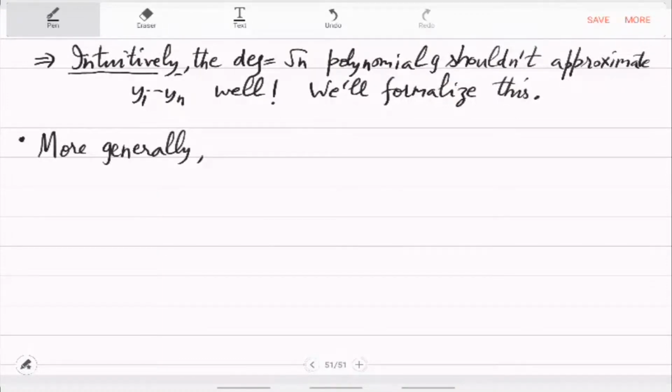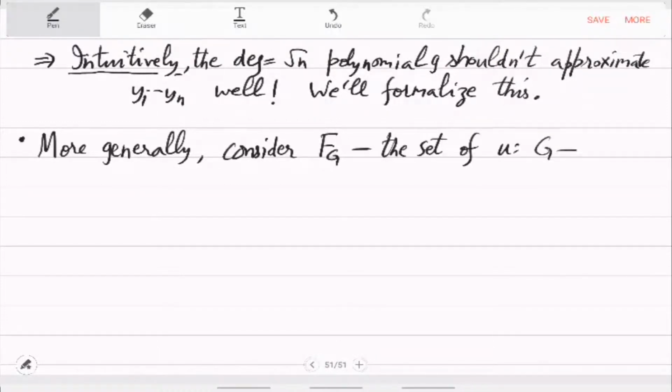So more generally, consider Fg, the set of functions from this domain G to F3. Okay, and we will now prove something about Fg using small g.